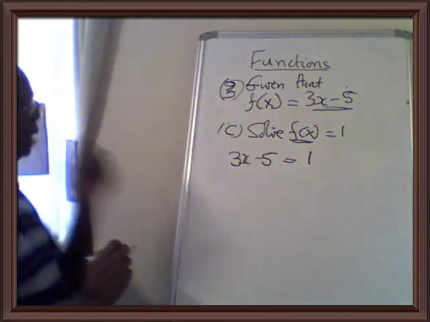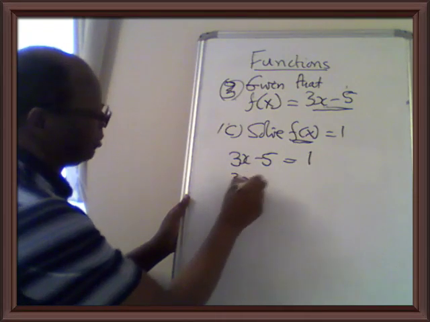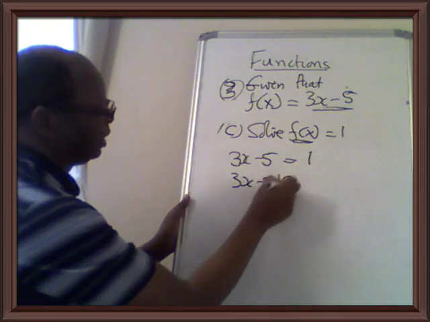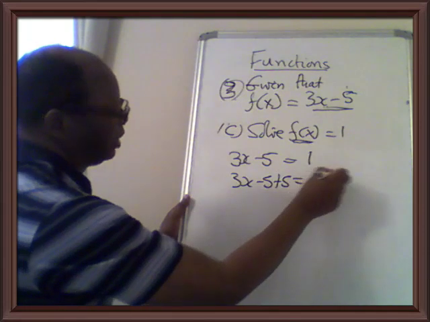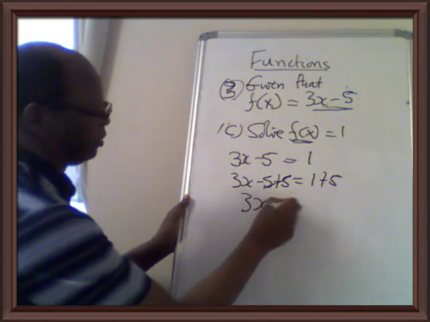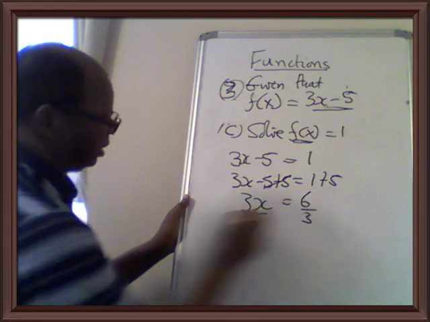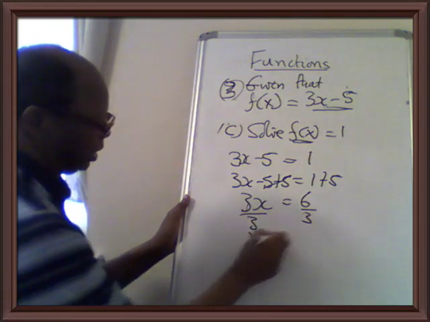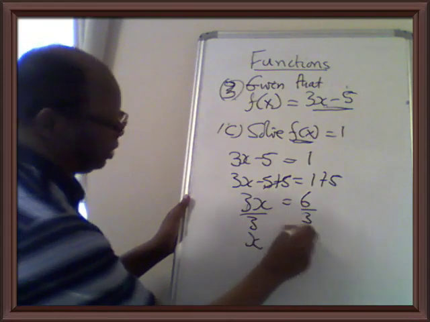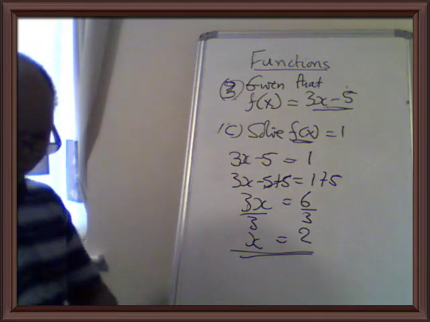I need to add 5 to both sides. So I have 3x minus 5 plus 5 equals 1 plus 5. These cancel, so I have 3x equals 6. I divide by 3 on both sides. Then I get x equals 6 divided by 3, which is 2. So the answer is x equals 2.